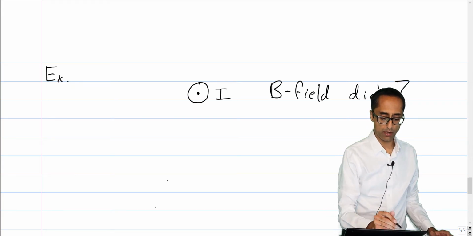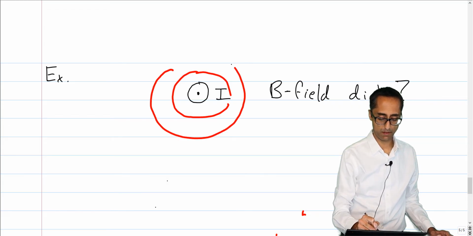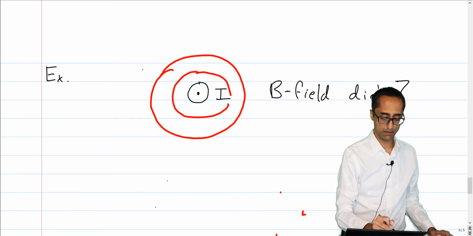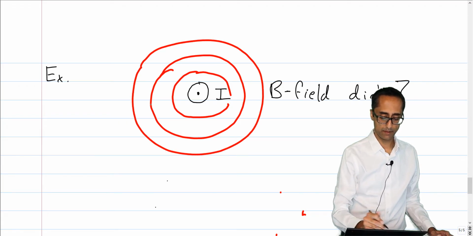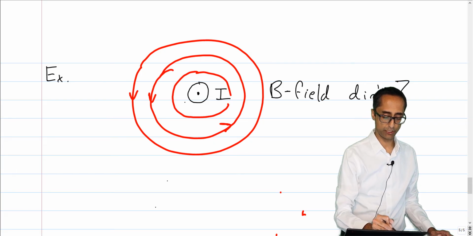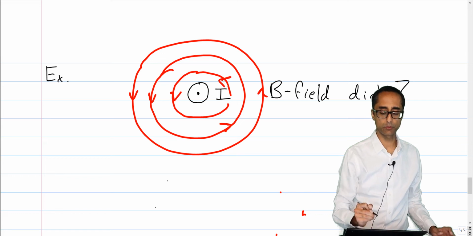We can draw it around this in the following way. And it is headed this way. And please check that for yourself right now. Make sure that you agree with that.